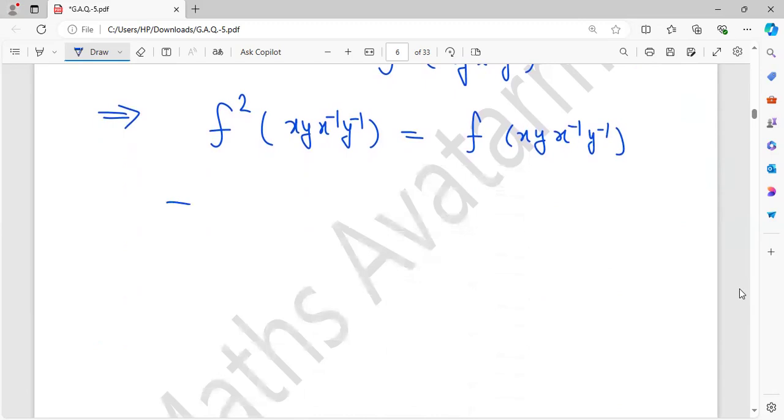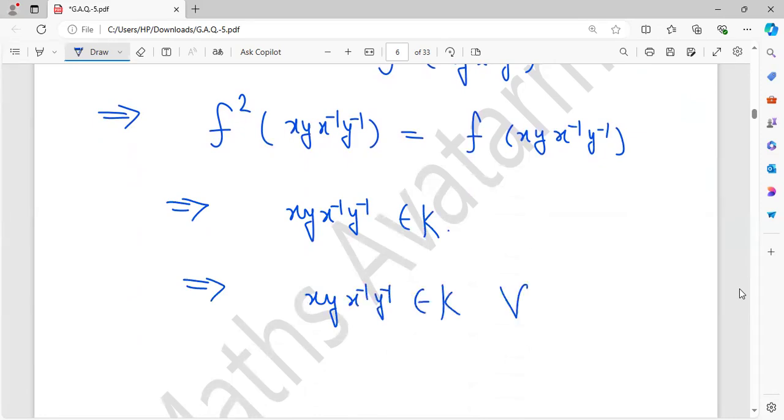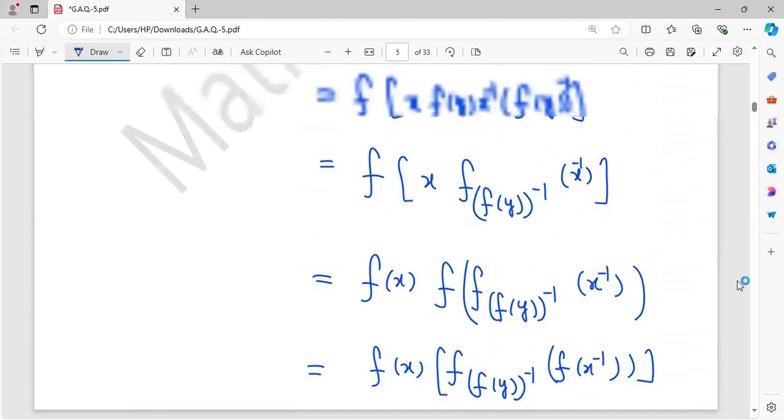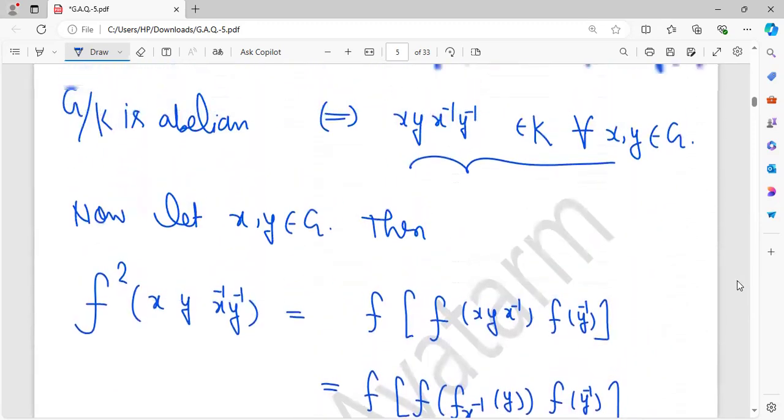So this implies x y x inverse y inverse belongs to K for all x, y belongs to G. Let's call it equation number 2, and we call the earlier equation 1.